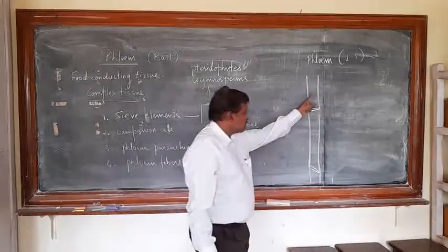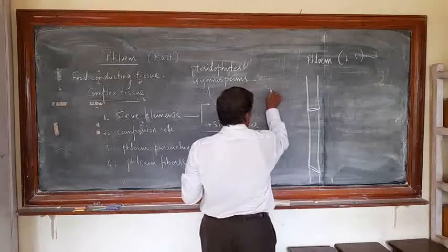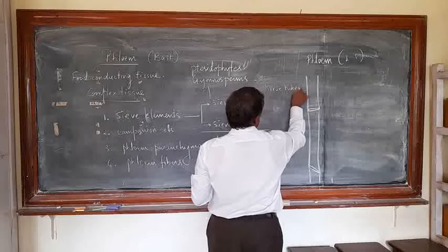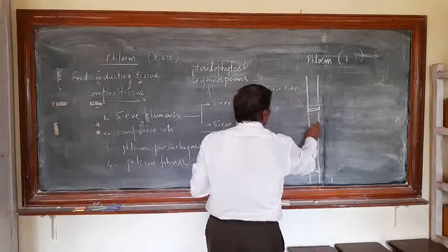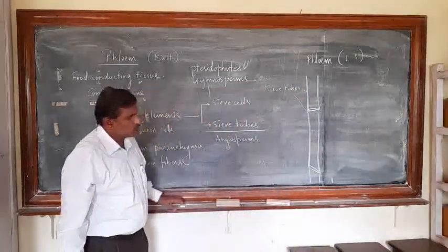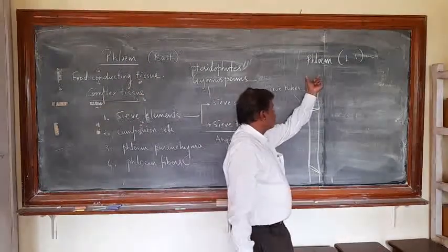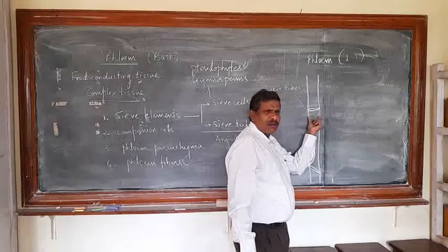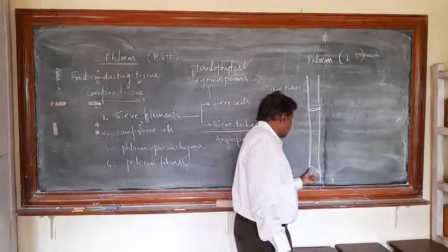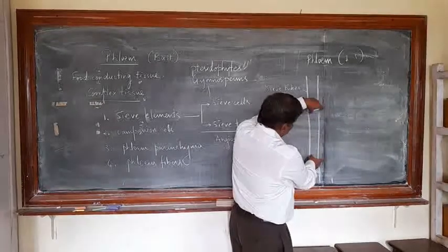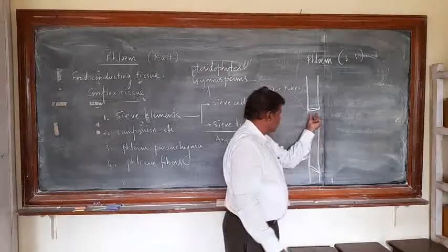First of all, I am drawing the sieve tubes. These are supposed to be the sieve tubes. How do they look? They look elongated and cylindrical. They are very much elongated and look like a cylinder.